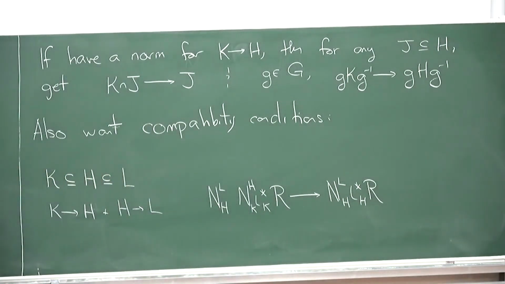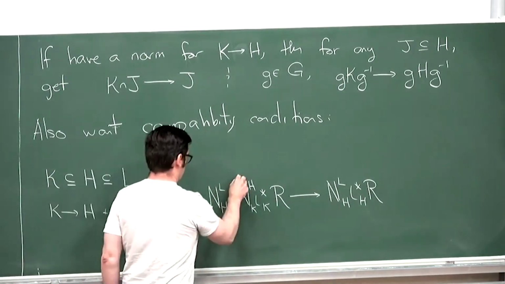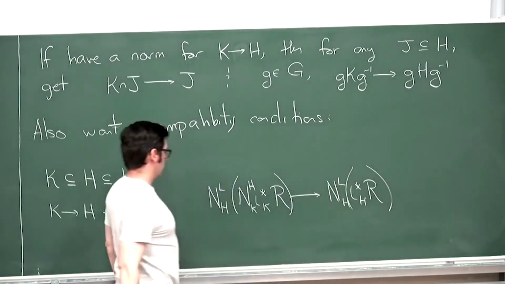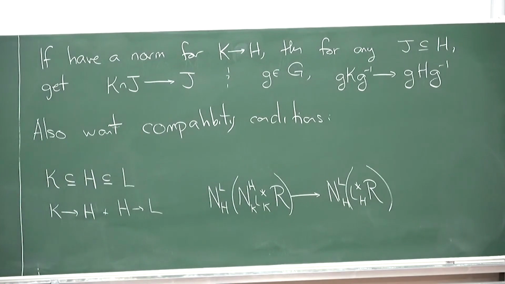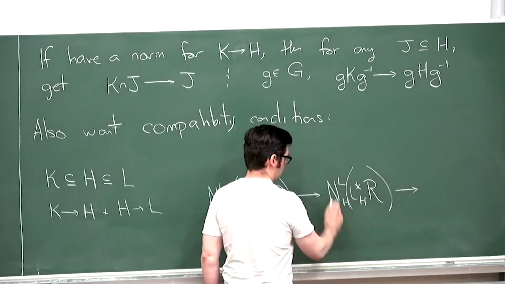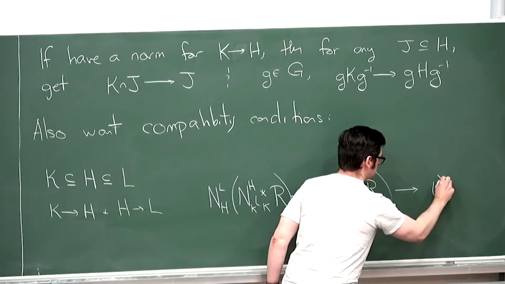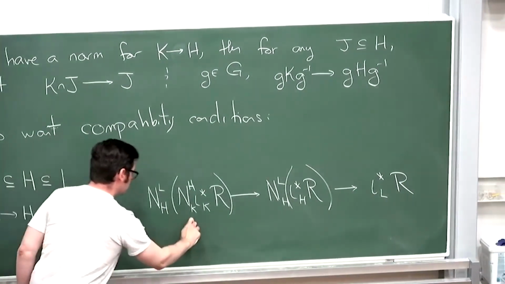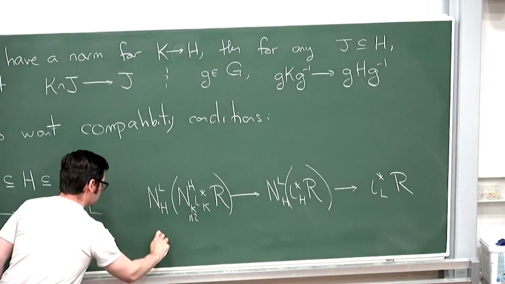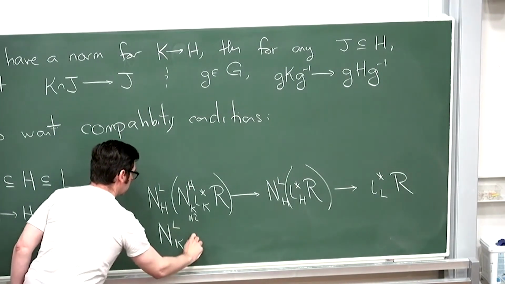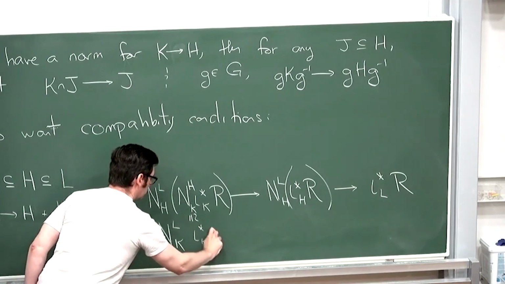The norm is a functor, a symmetric monoidal functor, so it preserves these E-infinity monoids. And I can further compose now with the norm from H to L. And I can recognize the source. Well, the source is the norm from K to L of the restriction to K of R.